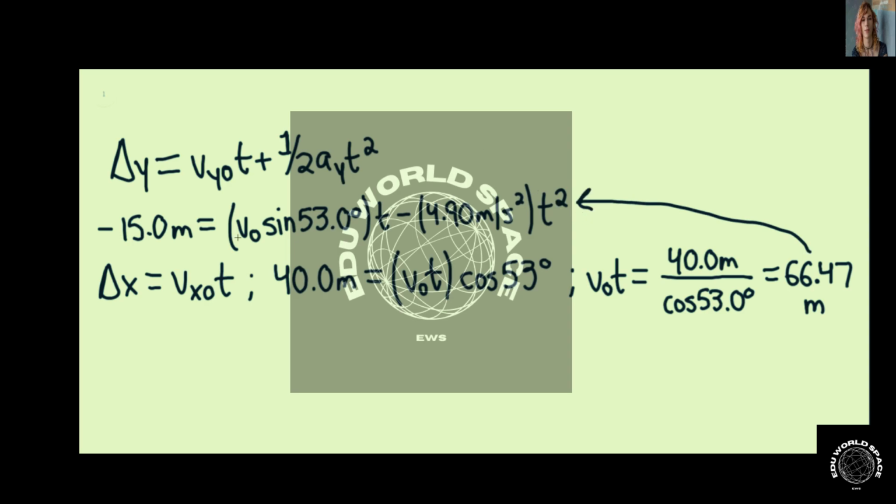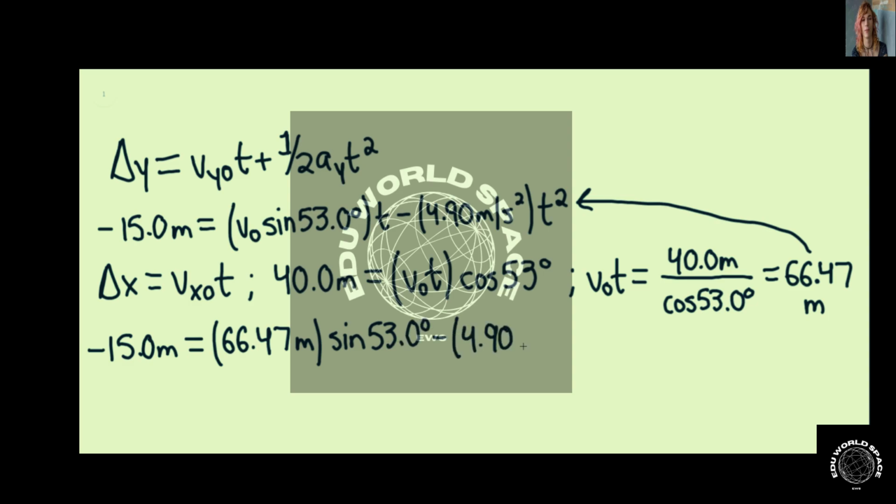So once we replace it, we have negative 15.0 meters equaling 66.47 meters multiplied by sine of 53.0 degrees, and then minus again 4.90 meters per second squared times t squared.